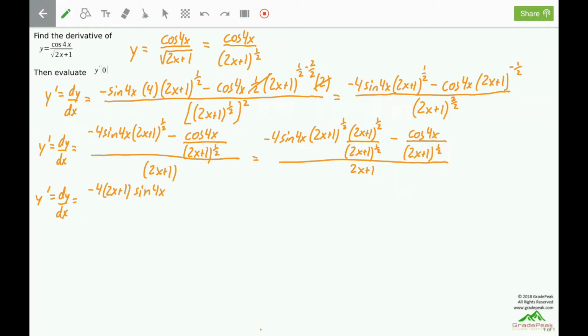That's our first term numerator, and then we have the minus cosine 4x as the second term numerator. But we're combining these over a common denominator, so we can just say minus cosine of 4x, and that entire thing will all be over the common denominator of 2x plus 1 to the 1/2.